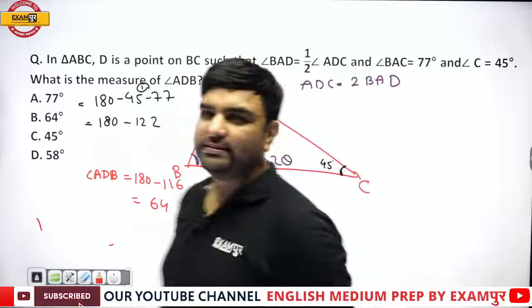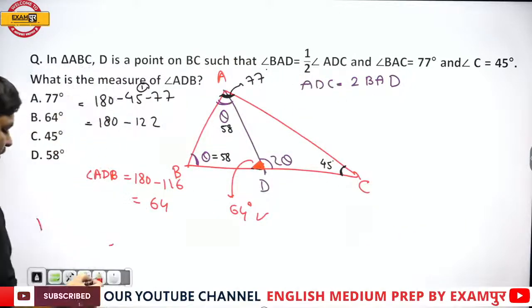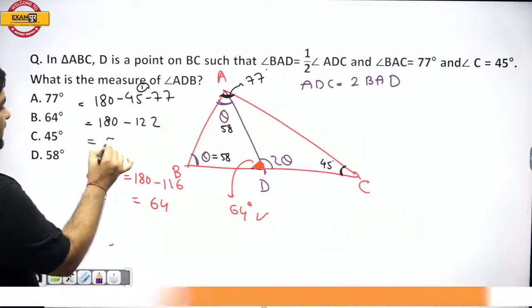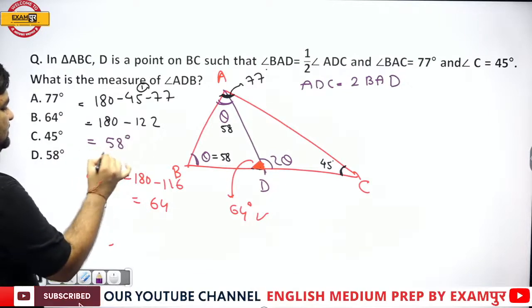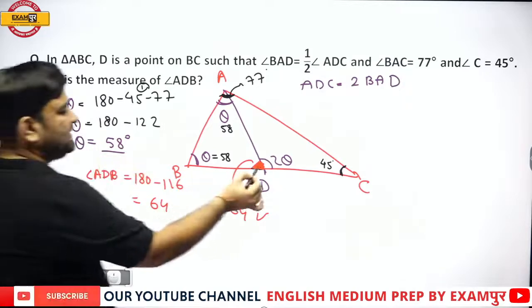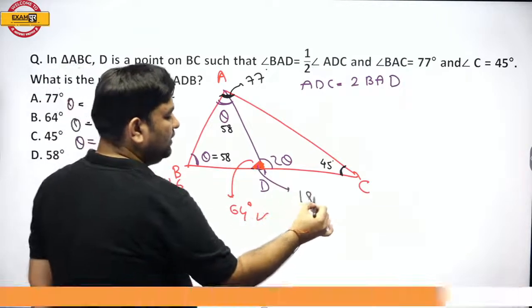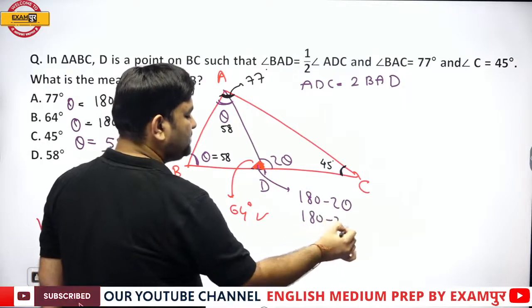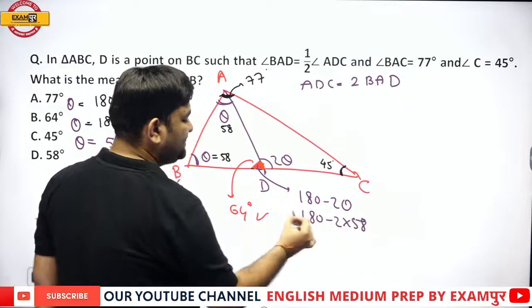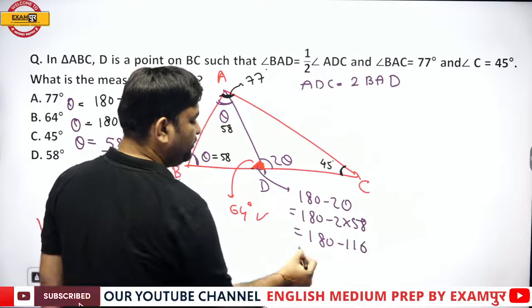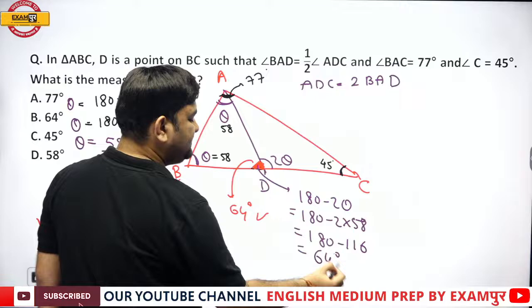Or you can do it like this as well. Since you got to know that theta is 58, this angle is 180 minus 2 theta, or 180 minus twice of 58, or 180 minus 116, which is 64.